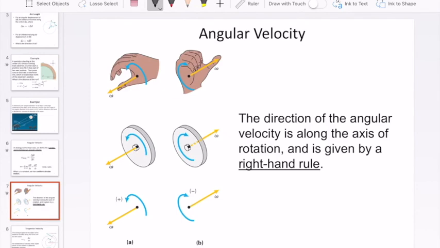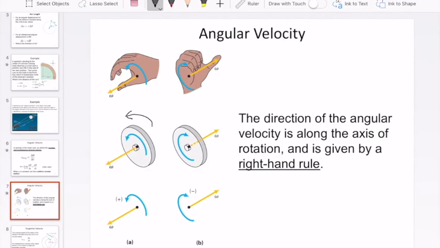You curl the fingers of your right hand in the way that's shown in the diagram over here. And then your thumb will point in the direction of omega. So for example, if you curl the fingers of your right hand in this direction, then your thumb, you'll find, is pointing in the direction of the arrow shown.